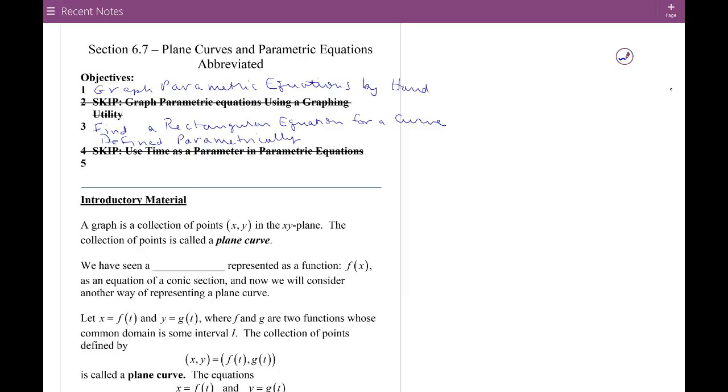And then we're going to skip using time as a parameter. I'll talk about that, but we're not going to do anything with it formally. And then the last objective we are going to do is to find parametric equations for curves defined by rectangular equations.